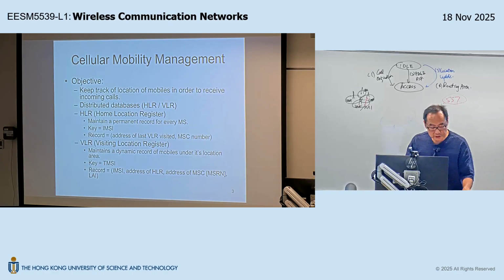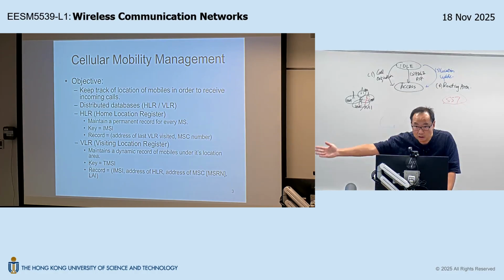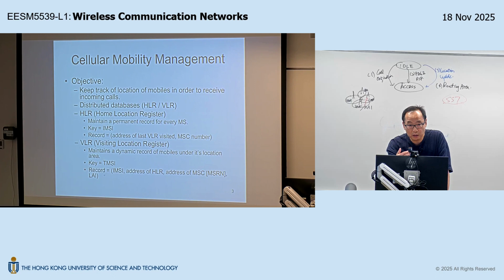The key to retrieve or update the record at the visiting location register is no longer IMSI. It's called TMSI, Temporary Mobile Subscriber ID. When you want to update or read the record for a user at the visiting location register, you need to supply a key called TMSI. Every visiting location register has its own TMSI database.